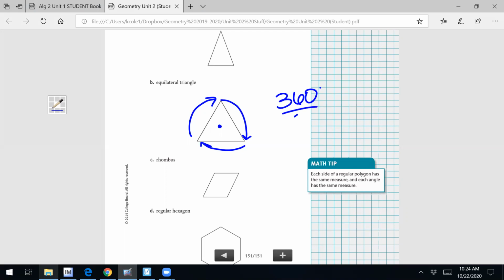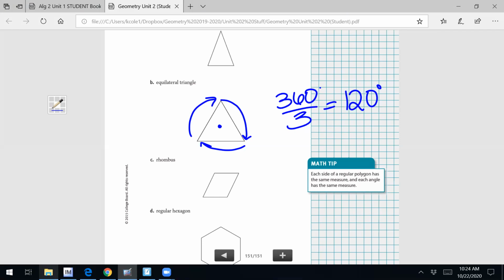So we take that 360, we divide by 3, and what does that give us? 120 is the angle of rotational symmetry. Okay, this figure has an angle of 120 degrees of rotational symmetry. But look at the first one, A. That one doesn't have one. It doesn't have any rotational symmetry, so we don't list anything.